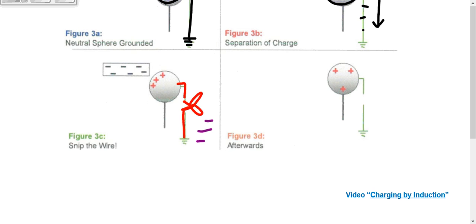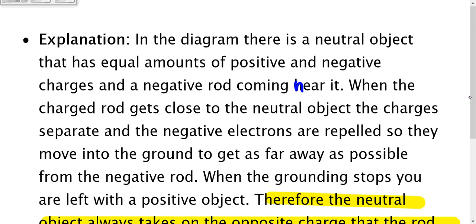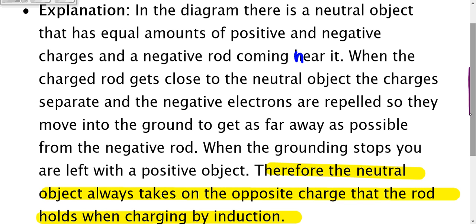So what you're going to notice is that in the diagram, there's a neutral object that has equal amounts of positive and negative charges, and a negative rod again coming near it. When the charged rod gets close to the neutral object, the charges separate and the negative electrons are repelled away. They move so far away, they actually move into the ground to get as far away as possible from that negative rod.